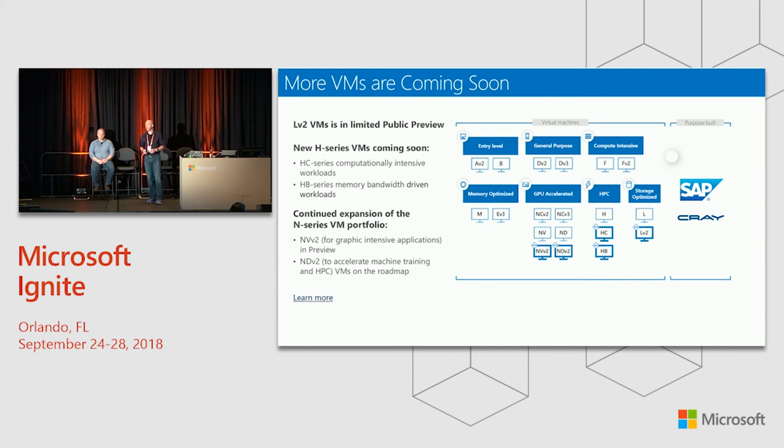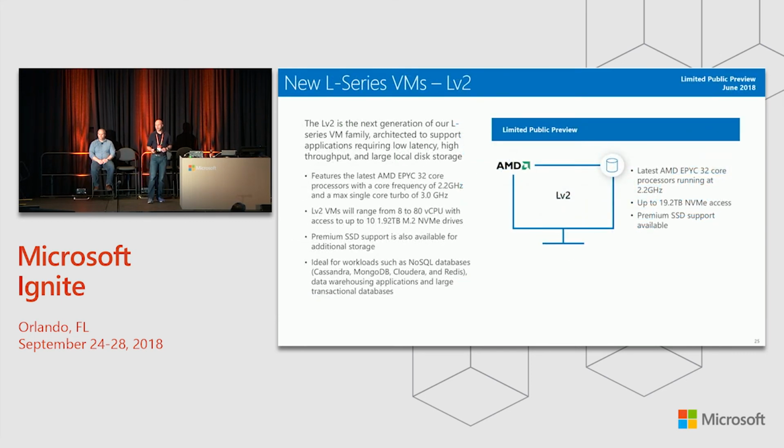We also have two new families of sizes coming in our HPC series, and we're going to cover those. And then we mentioned before, we have our GPU series. So we have new offerings coming there as well, and the NVV2 and the NDV2 that expand that GPU portfolio are going to give you access to a new series of GPUs, and new workloads become available as a result of that as well. So let's touch on a couple of those, and we'll start with the LV2 series.